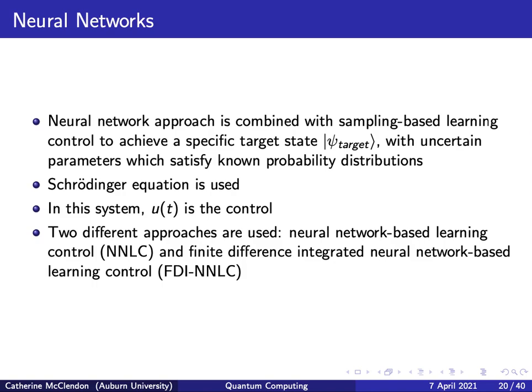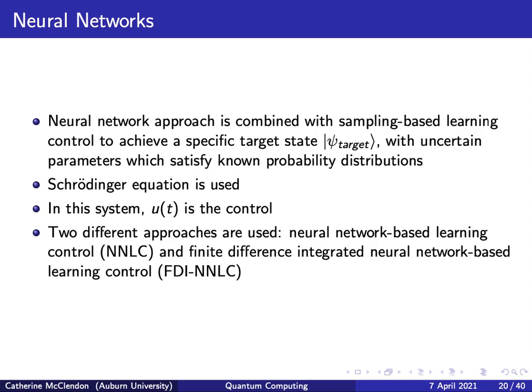In this case, a neural network approach combined with sampling-based learning was used to achieve a specific target state with uncertain parameters which satisfy known probability distributions. As mentioned above, the Schrodinger equation is used in cases such as this because the transform in a quantum system must be an orthogonal matrix.